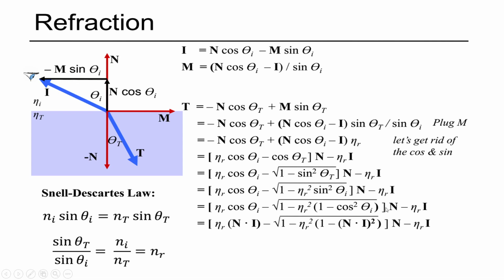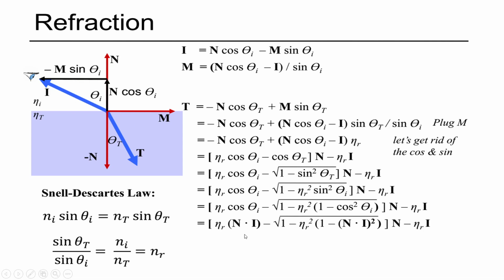And in this way, by doing some more algebraic and trigonometric manipulations, you can finally reach this stage. And then we notice that we can replace all the cos theta I here with n dot I. The dot product of n and I is the magnitude of n times the magnitude of I times cos of the angle between them.